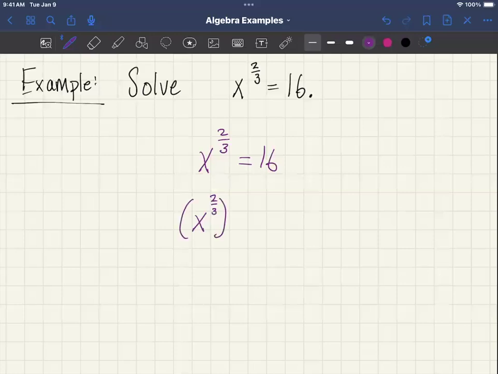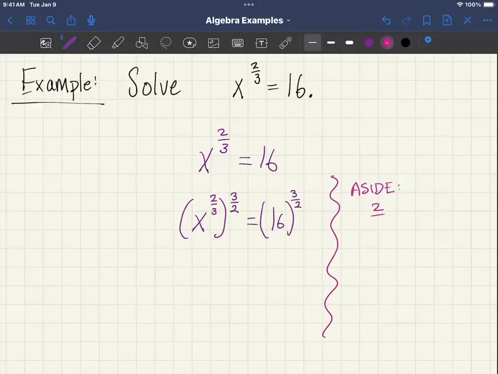So we are going to multiply, or take it to the exponent of, I should say, 3 over 2. And we do that for one side of our equation. Remember, we always have to do it for the other side of our equation. And I'm just going to do this on the side so that we can kind of see what's going on here.